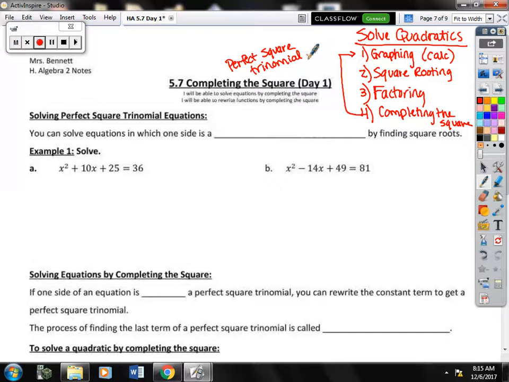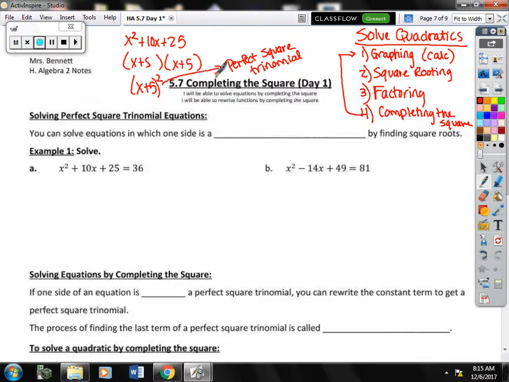Okay, so an example of a perfect square trinomial would be like this. It's called a perfect square trinomial because when you factor it, you get the exact same binomials. So this would factor into x plus 5 and x plus 5, which would be x plus 5 quantity squared.